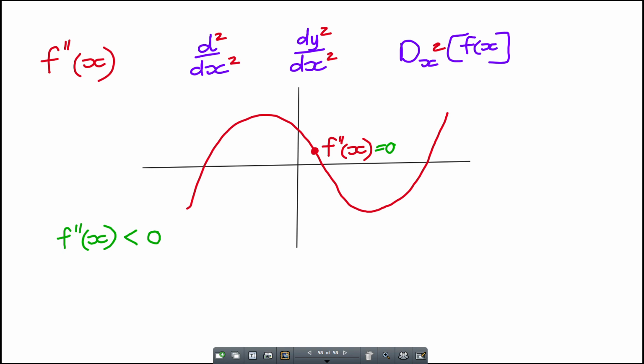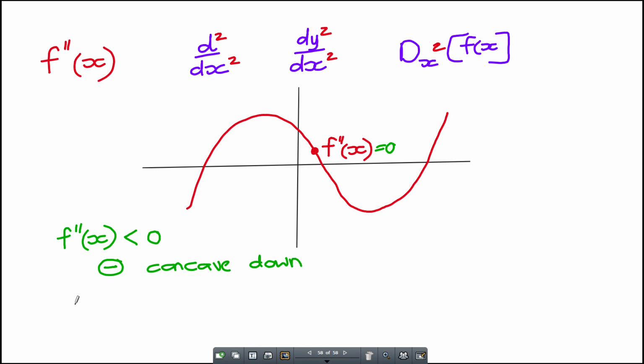So as daai tweede afgeleide kleiner as 0 is, dan is die grafiek konkaaf af. Met ander woorde, as hierdie negatief is, nee? If the answer there is negative, then it's concave down. Nee.